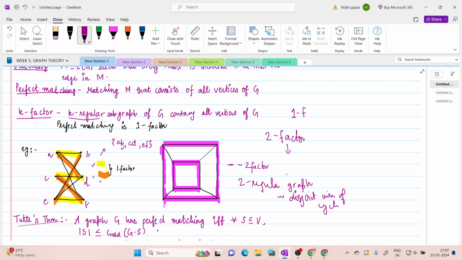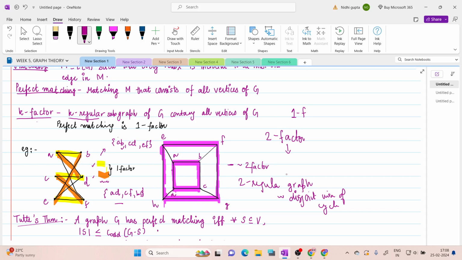Similarly, you can see that the orange edges AD, CF and BE also form a one factor. Now if we look at this second example, by two factor we want a two regular graph which is spanning all the vertices.